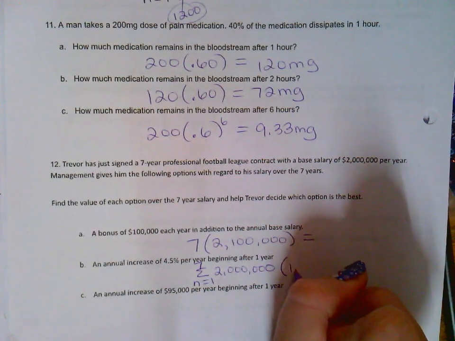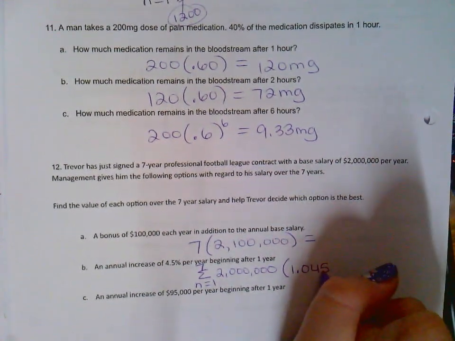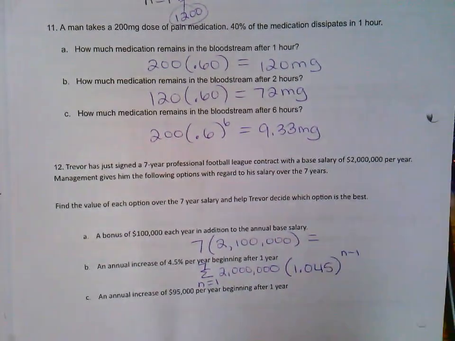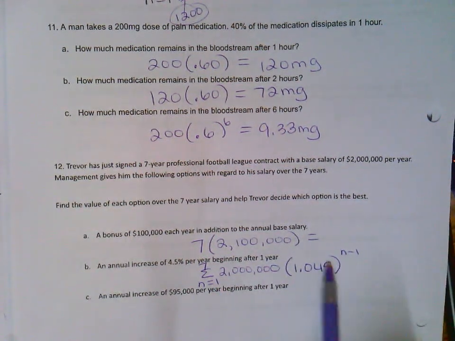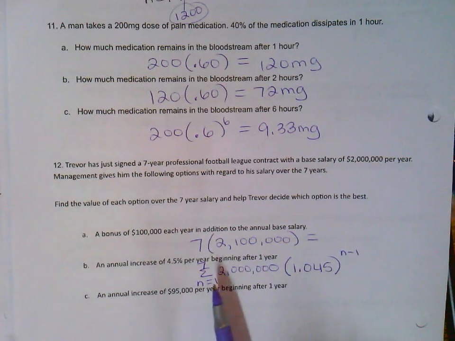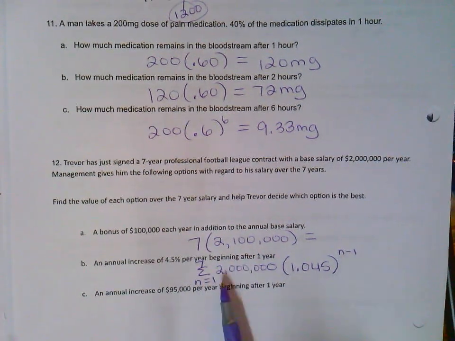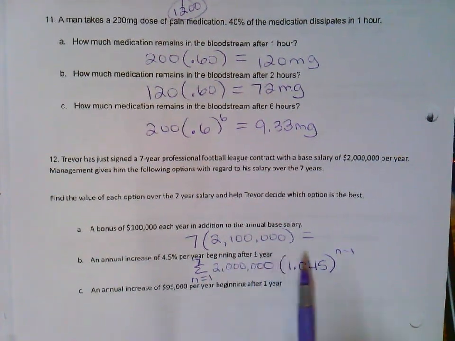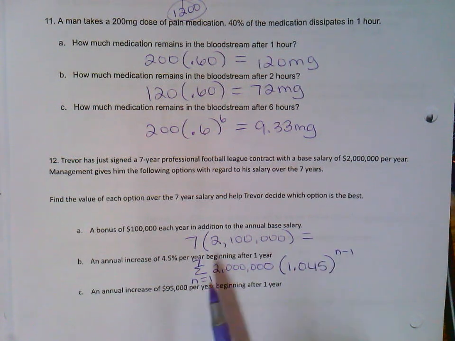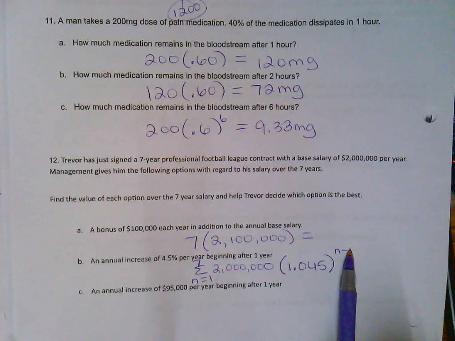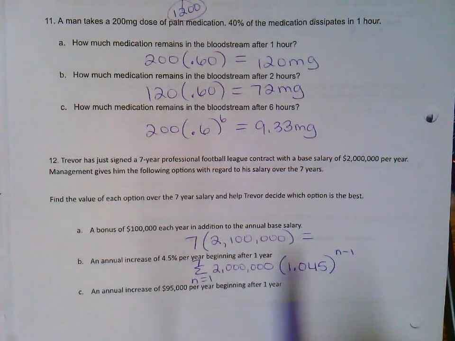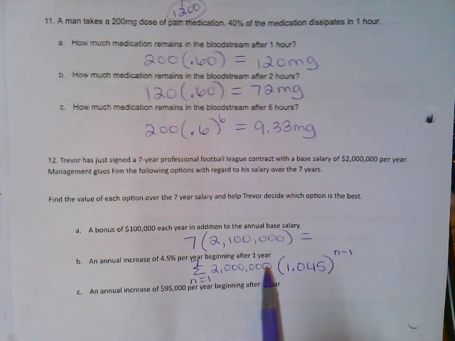Multiply by 1.045 to the n minus 1 power. So that will give you the first year when you put it in, you just get $2 million. The second year when you put it in, you get 2 million times your raise for just 1 year. Then the third year is going to be 2 million with this number squared, and then 2 million all the way up to the power of 6 to represent his 6 raises.